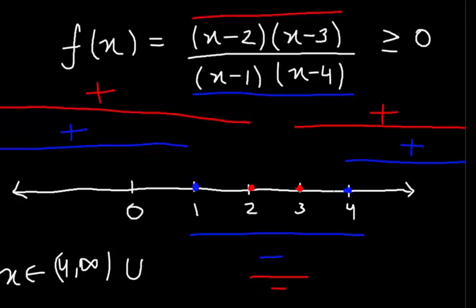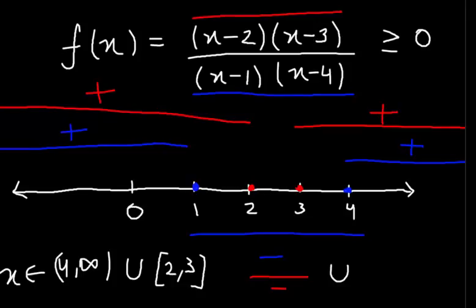So let's move on. The next interval, which is going to be in our solution set, is from 2 to 3. In this, the numerator and denominator both are negative, making f of x positive. So 2 and 3, and we can safely assign square brackets to this interval because 2 and 3 are roots of the numerator function and not the denominator.